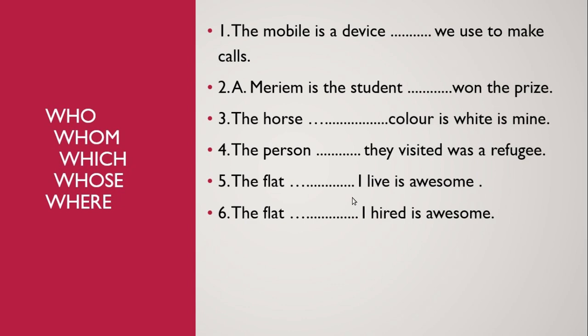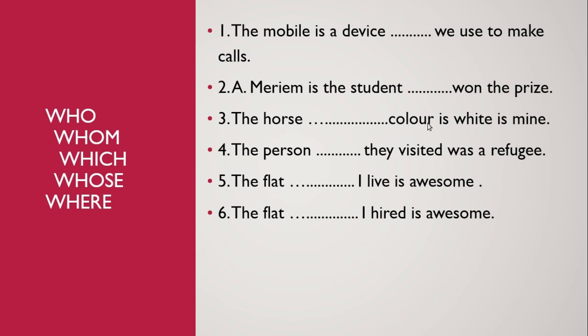Okay, fine. Let's answer that together. So number 1, the mobile is a device which we use to make calls. Mobile is something, an object that we use. Number 2, Miriam is the student who won the prize. A student is a person. Number 3, the horse whose color is white is mine.